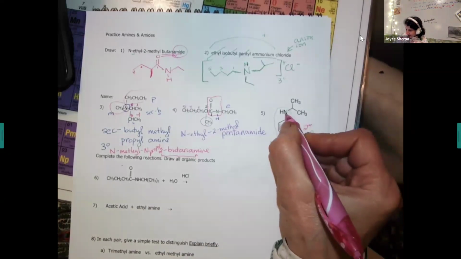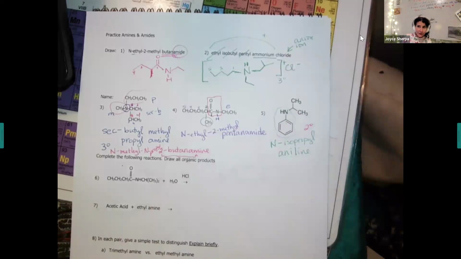So N-isopropyl aniline, because this is then the IUPAC way of naming it. And this is the secondary, because the nitrogen has 2 things attached. They could be 2 of the same or 2 different. Making sure everybody's good. Any questions?